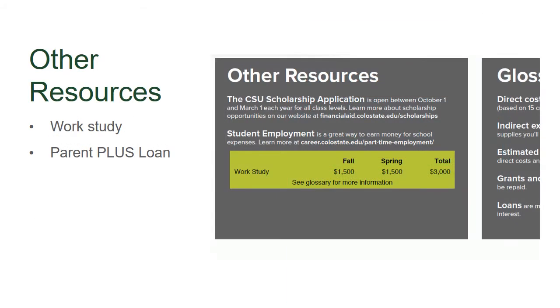Now on the bottom portion of page 2, you'll be able to see a section that says other resources. In this particular section we will be highlighting aid offers that don't necessarily apply directly to the balance right away, but also opportunities that students can take advantage of to supplement their income, as is the case with work study.